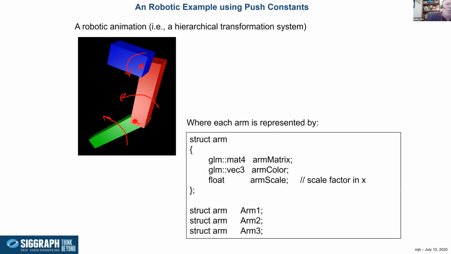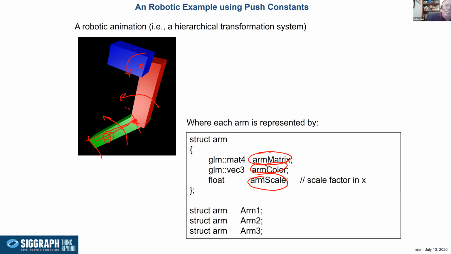But what I wanted to do was to have one set of code that handled all this over in the graphics as a shader, and then be able to send the information on each arm. And the information on each arm is the transformation and the color and the length.